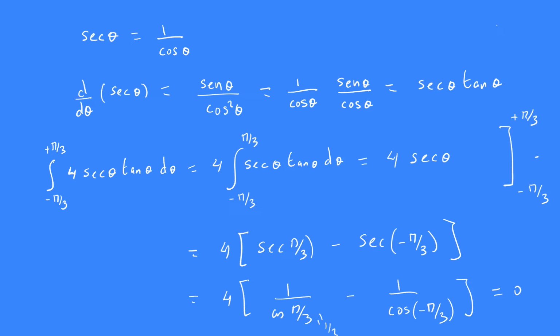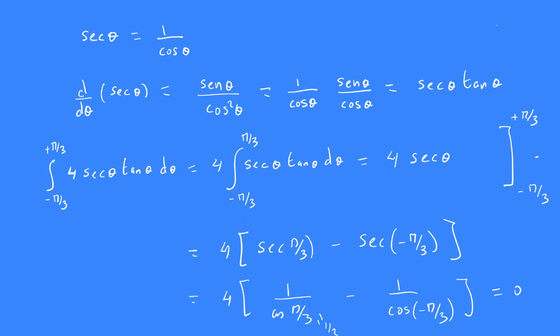But secant of pi divided by 3 is 1 divided by cosine of pi divided by 3. You need to know that cosine of pi divided by 3 is 1/2. So this will be 1 divided by 1/2, which is 2. And this will also be 1 divided by 1/2, which is also 2. So the difference will be 0.